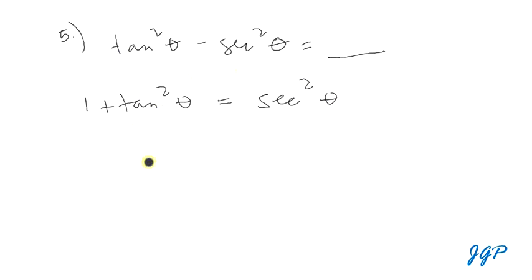So, I will start here. So, tangent square theta, I will apply SPE with secant square theta. If I subtract both sides by secant square theta. So, minus secant square theta.